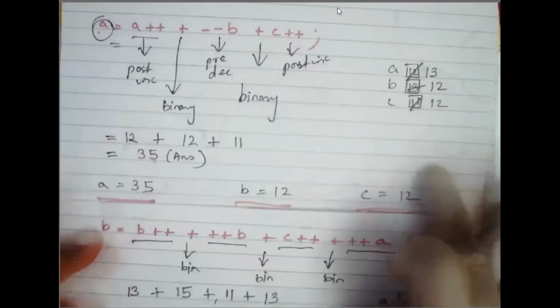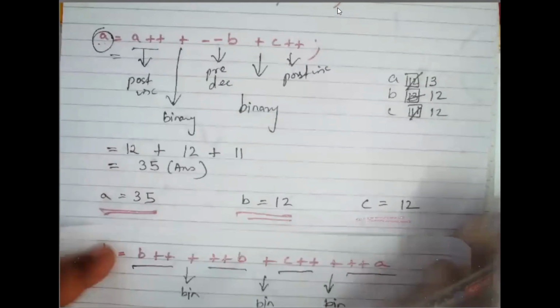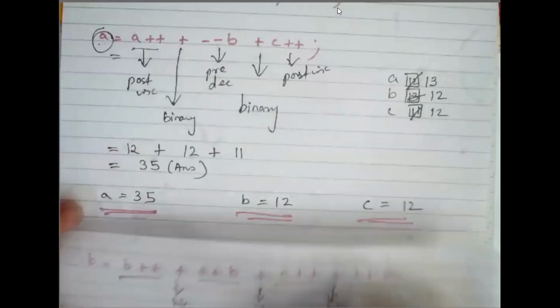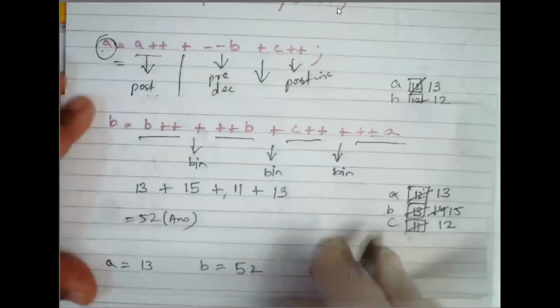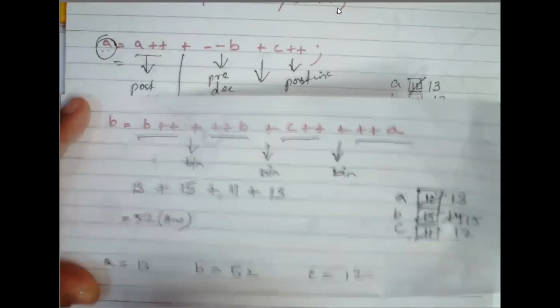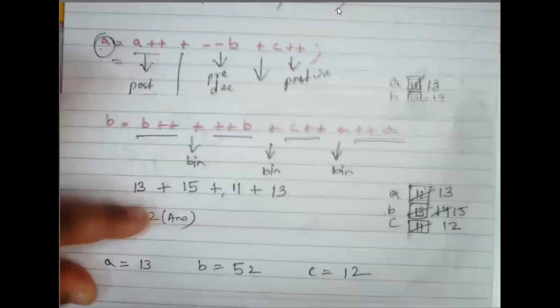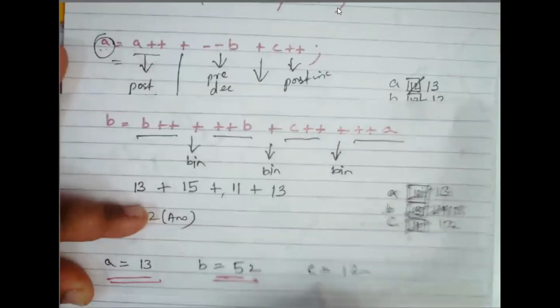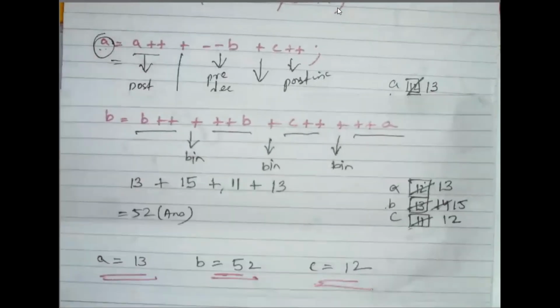In the previous question, A was assigned the expression, so I got 35. In this question, B was assigned the expression value, so B's value has become 52. So you need to remember, don't just write the last value, read the question carefully. If it's assigned to the same variable, then the value will change.